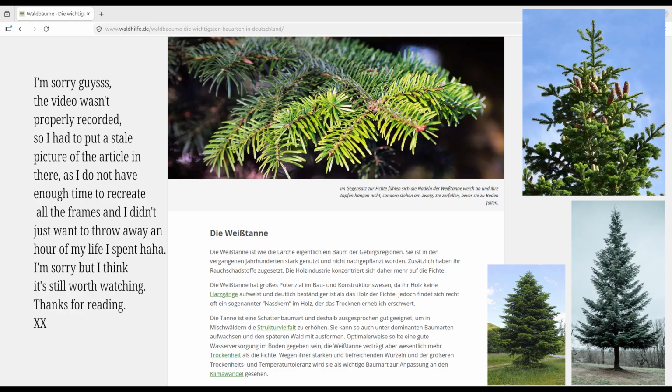Schattenbaumart und deshalb ausgesprochen gut. So, ausgesprochen means pronounced, because there's the rest from the word sprechen, which means to speak. And gesprochen is the perfect form and the passive form, because, if I'm not being completely mistaken, it's always the same, the passive and the perfect form.